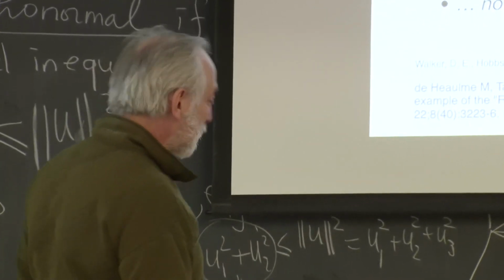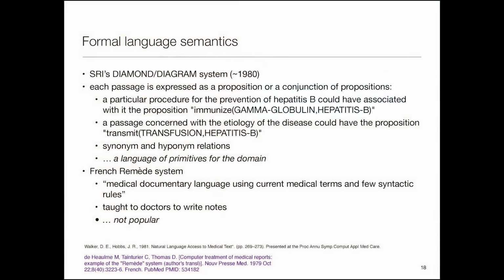The most radical version of this was a guy named de Holm, who I met in 1983 in Paris. He was a doctor at La Pitié-Salpêtrière, which is one of these medieval hospitals in Paris. And it's a wonderful place, although when they built it, it was just a place to die, because they really couldn't do much for you.